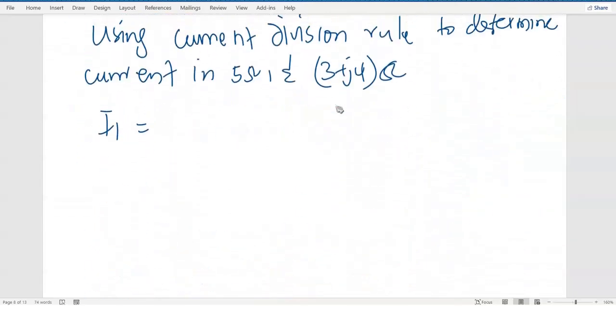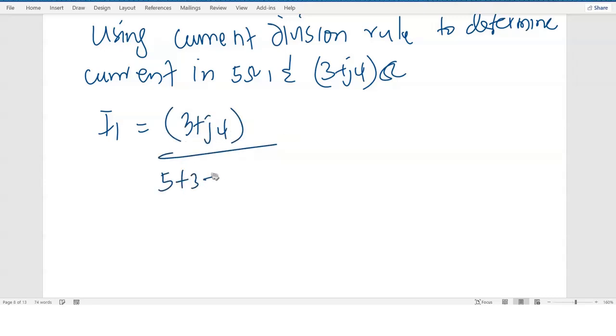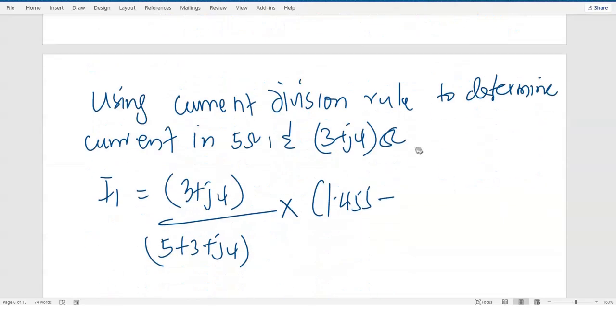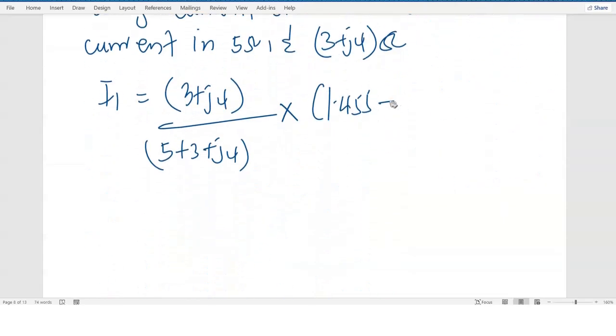So I1, which is through the 5 ohms, is 3 plus J4 divided by 5 plus 3 plus J4, multiplied by the total current. The total current was 1.455 plus 0.727J.